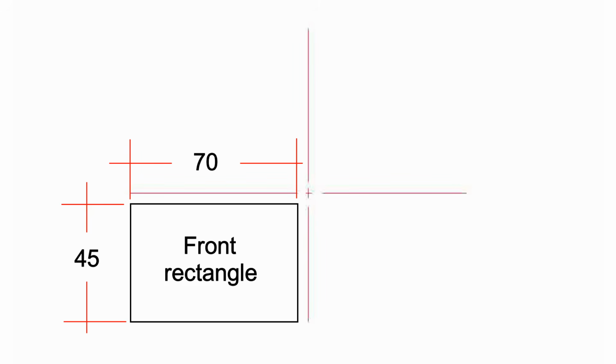Step 2. Draw maximum rectangles. To prepare our layout, we need to create a maximum size rectangle for each view. First, draw the front view rectangle, 70 by 45.